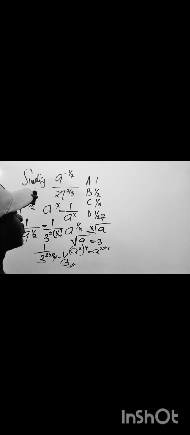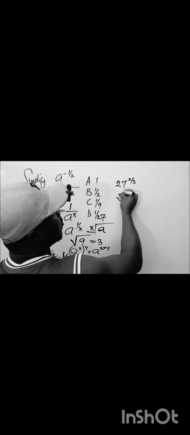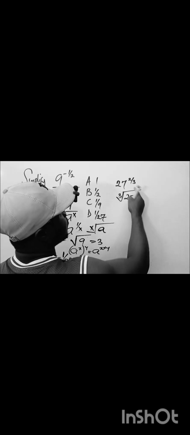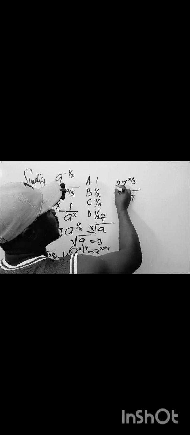Then the denominator is 27 raised to power 2 over 3. What are we going to do here? This becomes a cube root of 27, because we have a numerator here that is not 1, and it becomes the power of this.